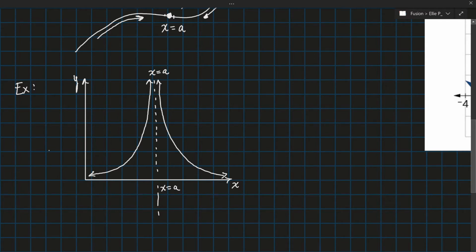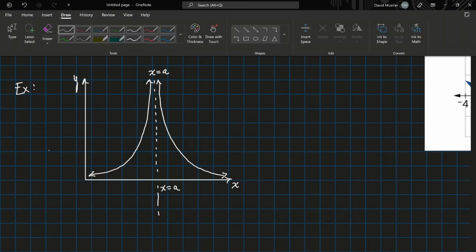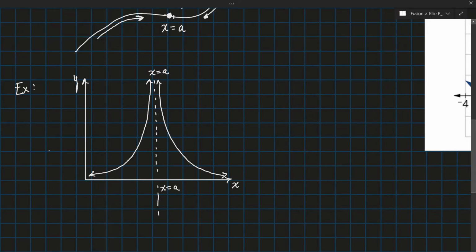So what we do, if we didn't have the concept of a limit, the only thing we could do is try plugging in f of A, but this function doesn't exist at x equals A. It approaches x equals A, but it's asymptotic behavior. It just goes to infinity.